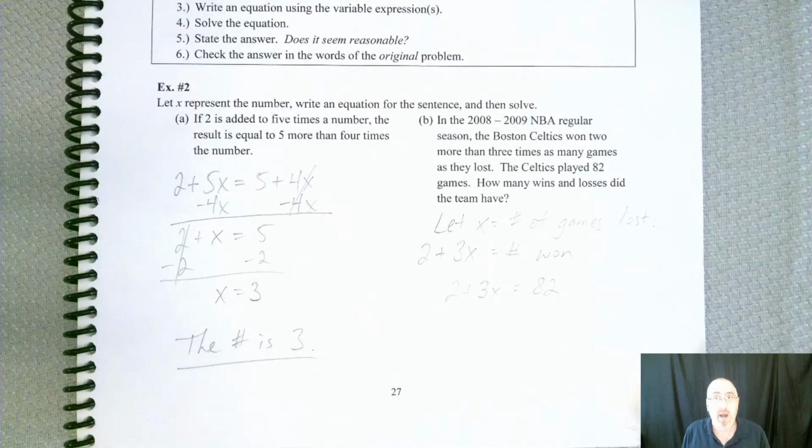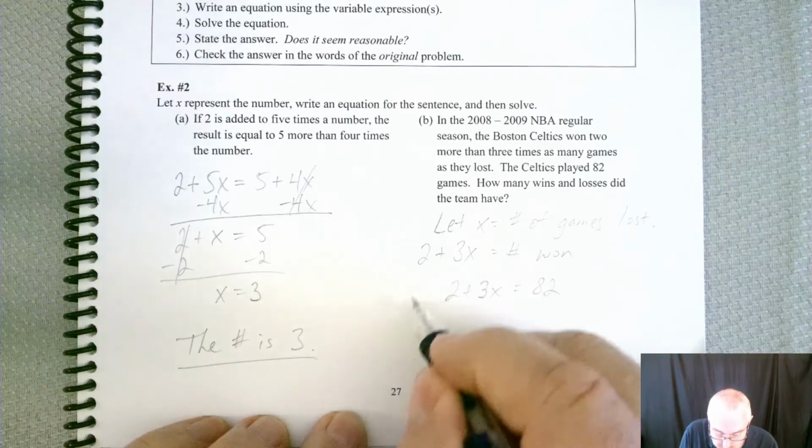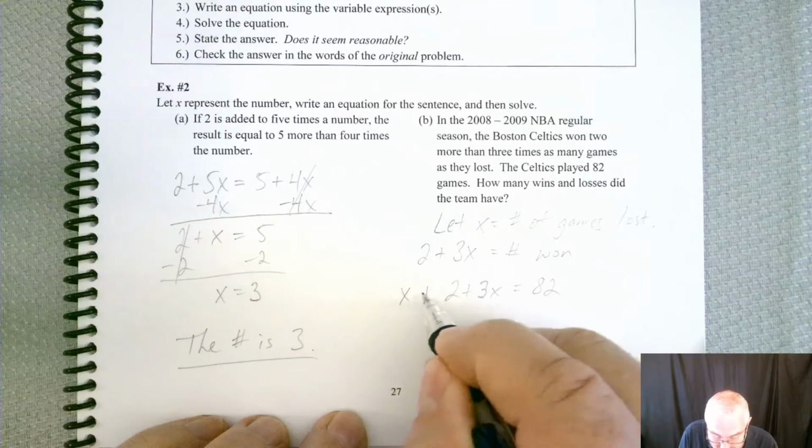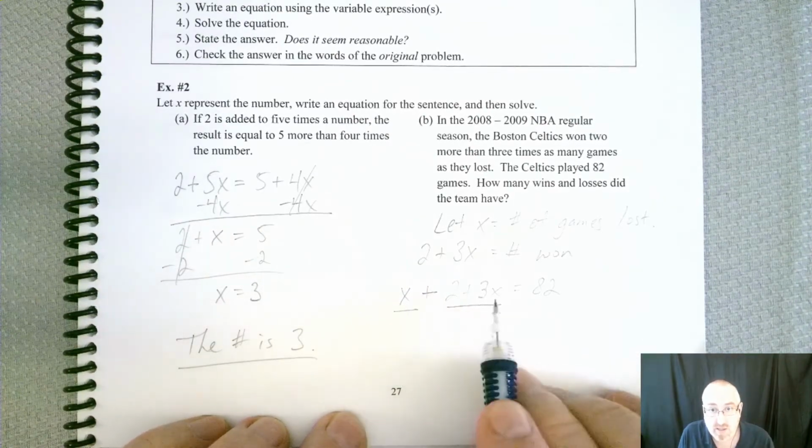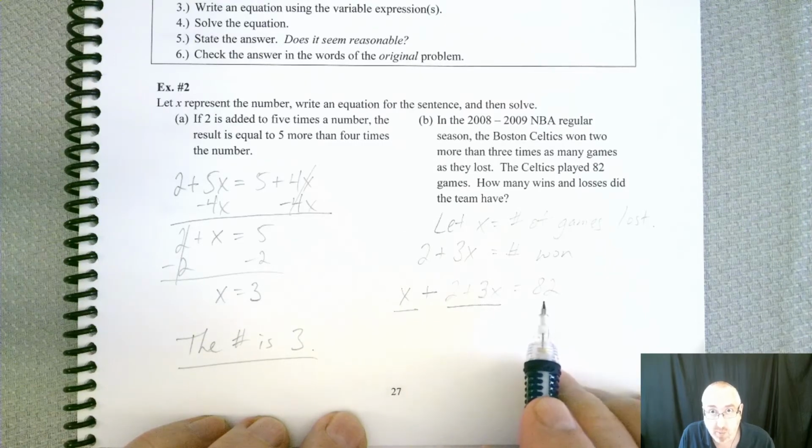The total games, which includes the games that you lost, that they lost rather, is got to be in there as well. So you need both. You need the losses and the wins. So again, there's the losses, there's the wins, there's the total.